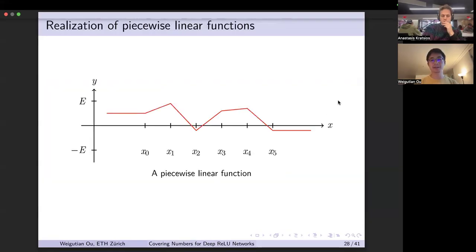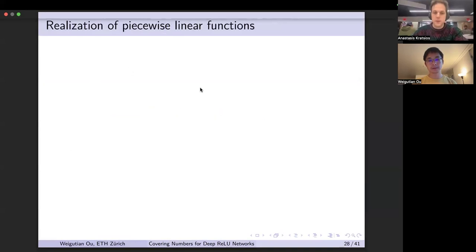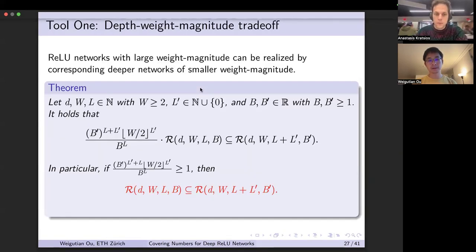And the second tool is the realization of... Sorry, can I just ask one more question? So I was trying to read that very quickly. What's the relationship between B and B prime? B and B prime can be anything. I mean, there doesn't have to be a relation. That means B prime can also be much greater than B. In that case, we'll rather use the first inclusion.